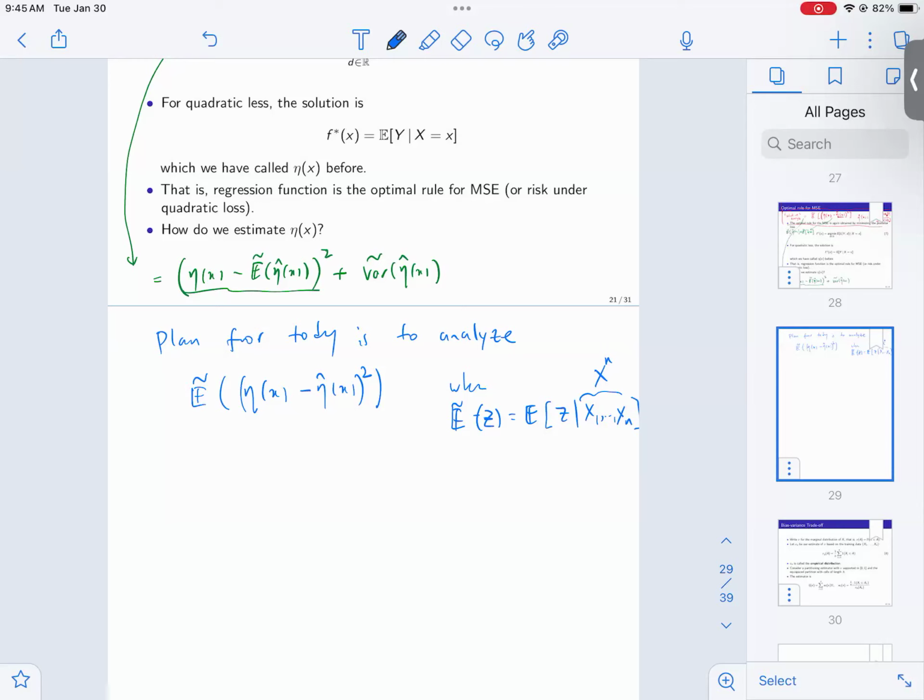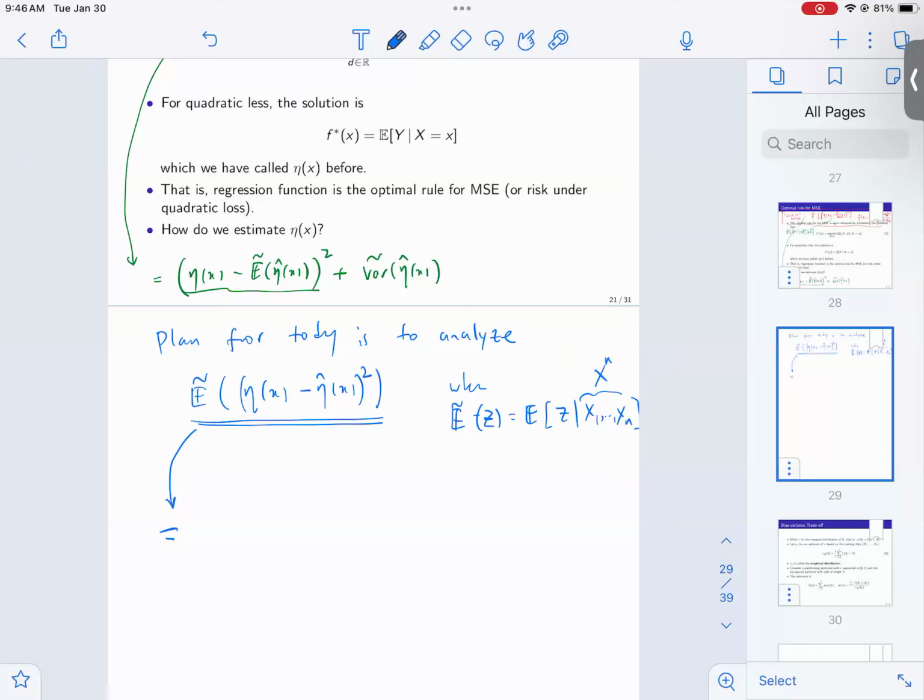The first thing to note is that eta hat x is that particular estimator, but there is something more general. Whatever this is, it has a decomposition, the famous bias-variance decomposition, which often occurs. We also saw it when we wrote down the prediction error, the MSE, relative to y.